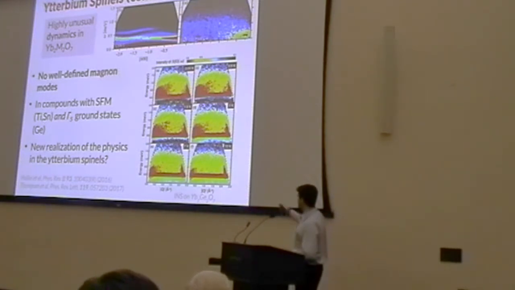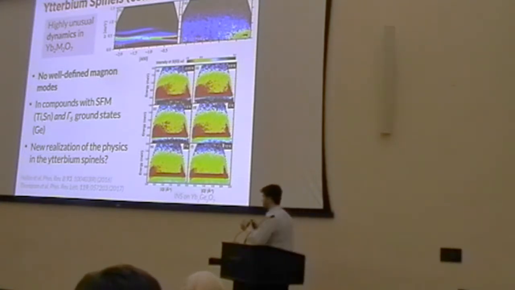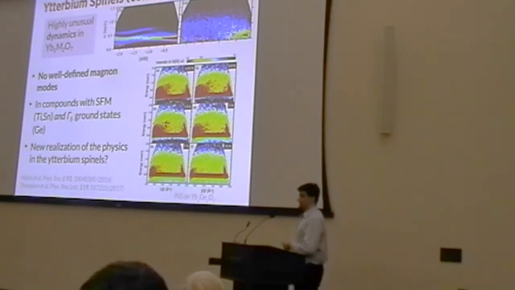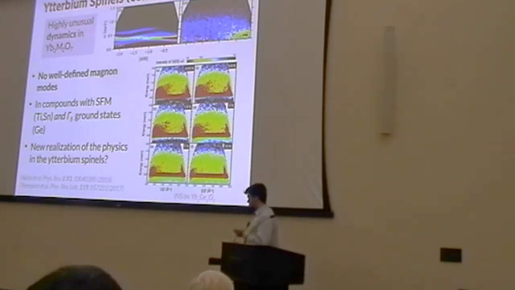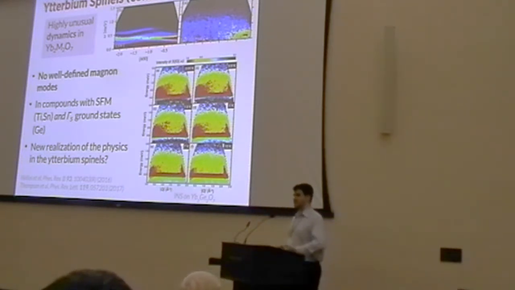And this is similar to what you see in the germanate, which has the same gamma 5 ground state you expect in these spinels. So this could be a new realization of this kind of physics in an entirely new class of compounds. So it could resolve certain questions about whether it's intrinsic or extrinsic to these materials due to disorder or strain, these kinds of things. There's a whole new material platform.